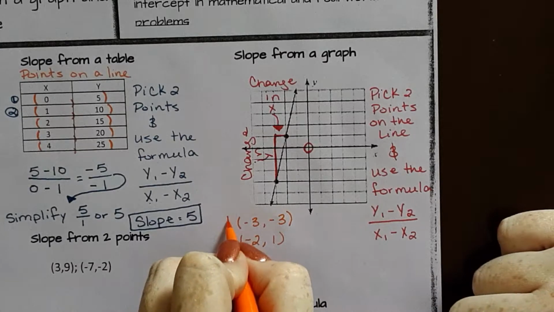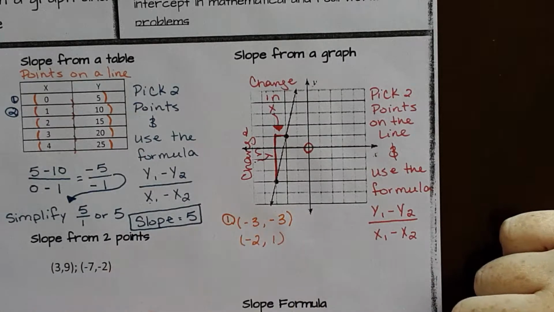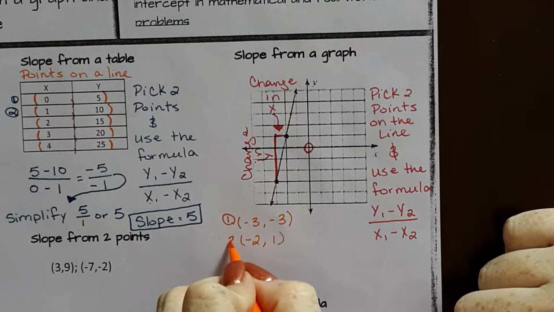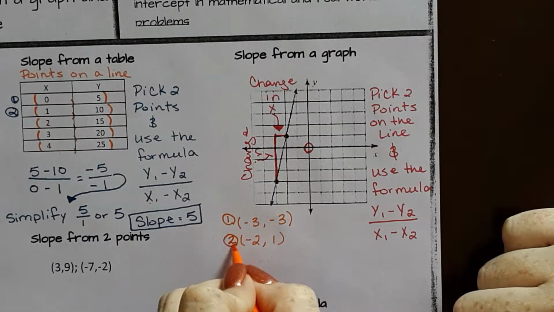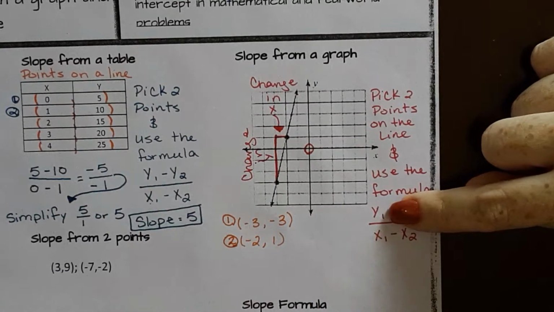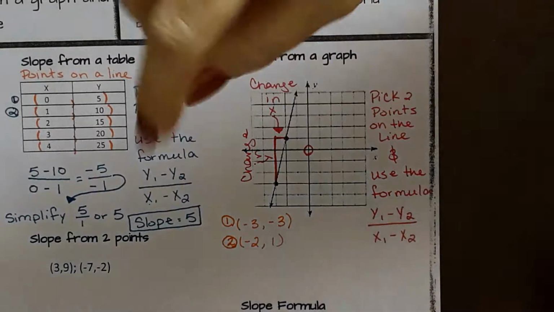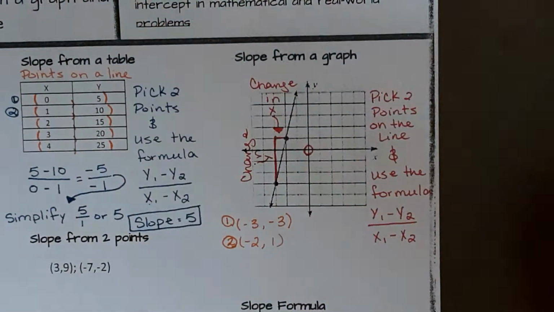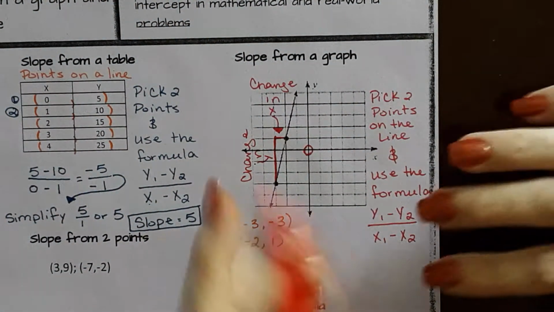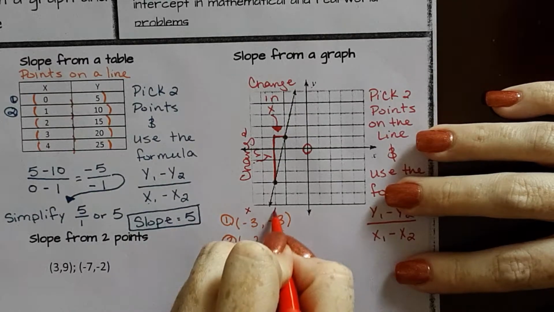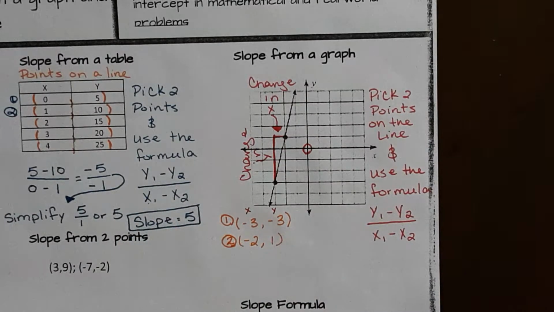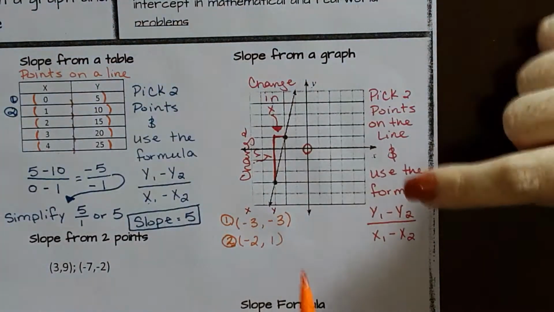So this will be my first set of points. This will be my second set of points. So I need to identify my y value from my first set. Again, your points are always listed as x on the left, y on the right.